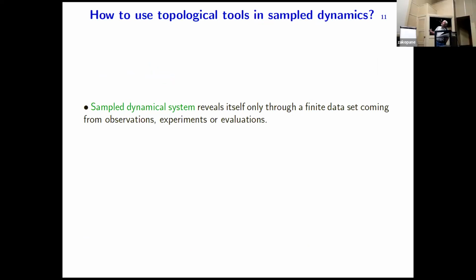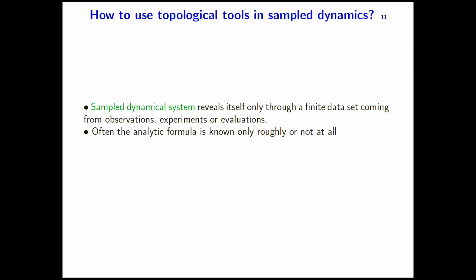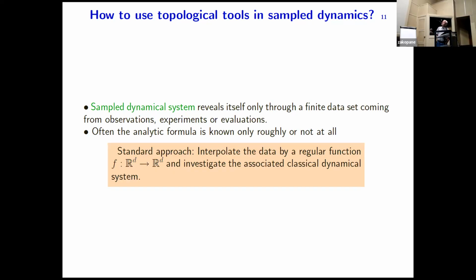So the sample dynamical system reveals itself only through a finite data set coming from observation, experiments, or evaluations. And typically, where you are in trouble with such a sample dynamical system is that the analytic formula which governs the system is known only roughly. So you know something about the right-hand side, like that this is maybe a Lipschitz continuous function, which is maybe increasing with respect to one variable, something like that, but not the exact formula, or even no idea at all.